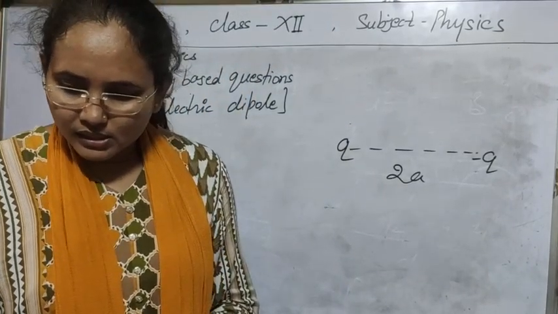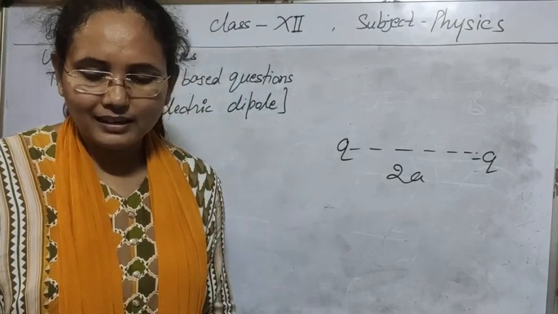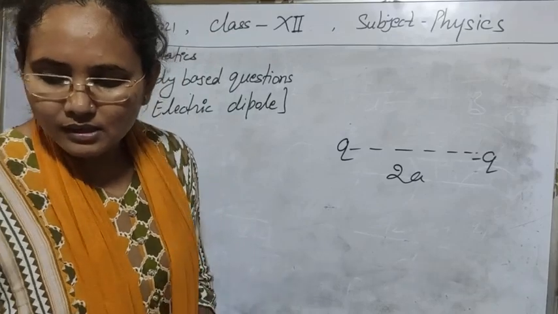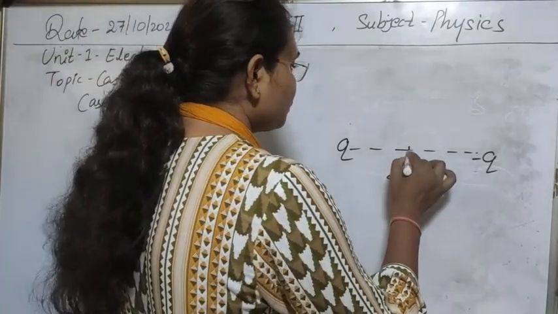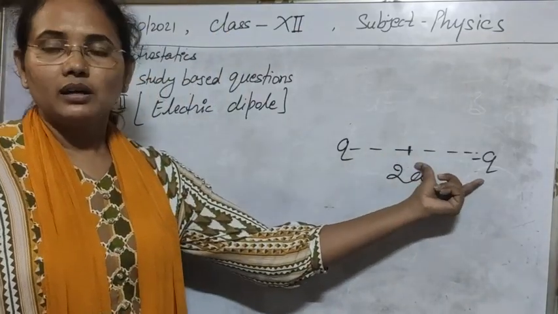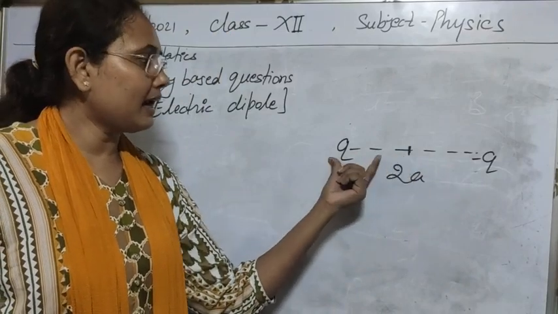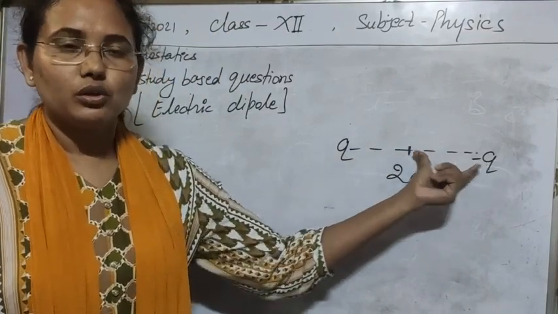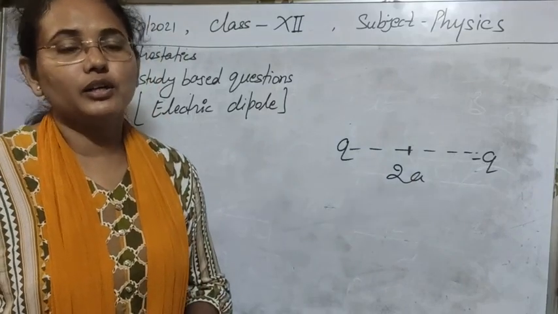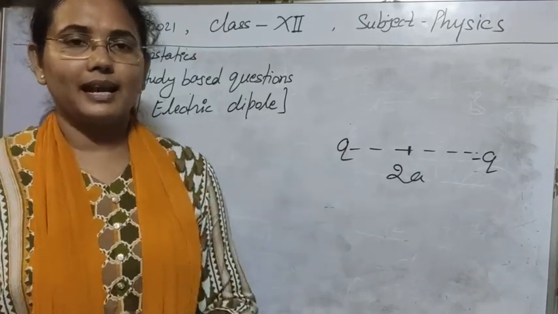At the center of the electric dipole, the electric field is twice the electric field due to one of the charges. Why? Because at the center the electric field will be the sum of these two, and if you take the sum, it will be twice the electric field due to a single charge. So this is a very easy question about the electric dipole.